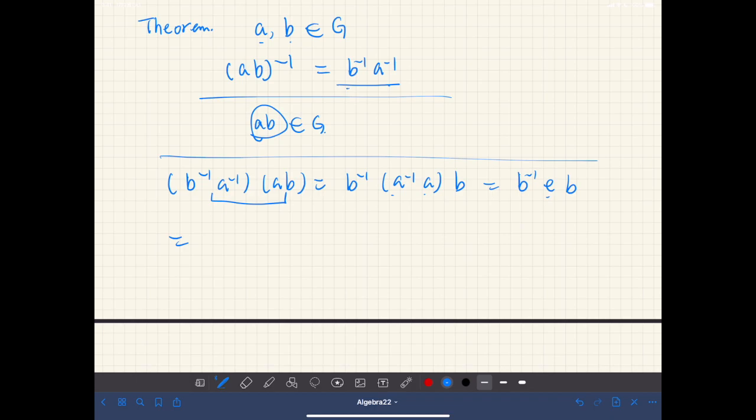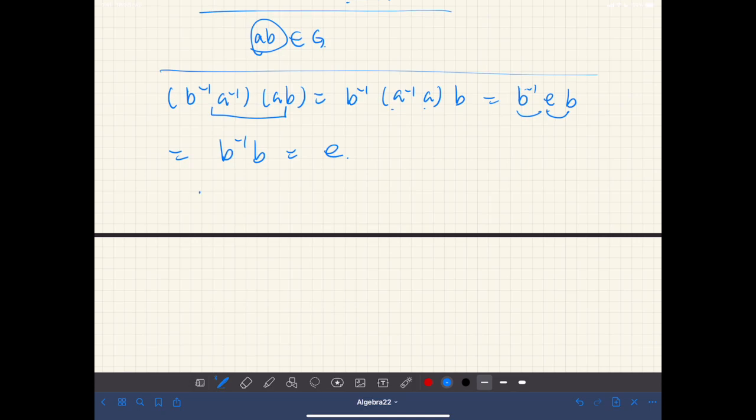But the identity element doesn't change anything, so either multiply here or here. In any case, we have this, and this is equal to E. So therefore, the inverse, B inverse times A inverse, is the inverse of AB. Right? Because if we multiply this to AB, we get the identity element, and we are done.